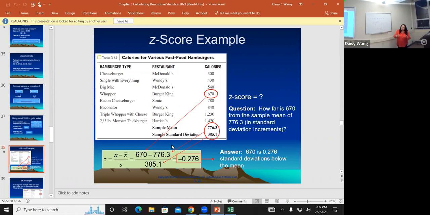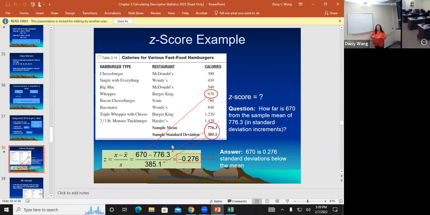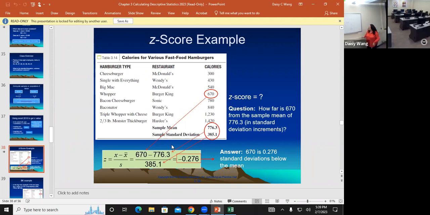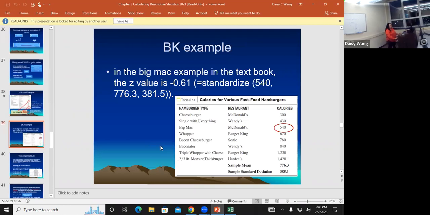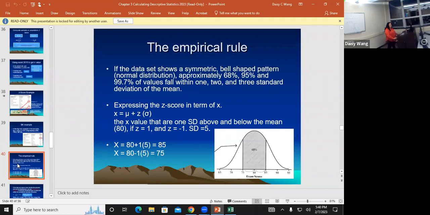And then we can use the table that I'll show you later to know what is the probability here. I have the plus or minus? Yes, I'll show you that later, okay? So this is how we convert that to z-score.